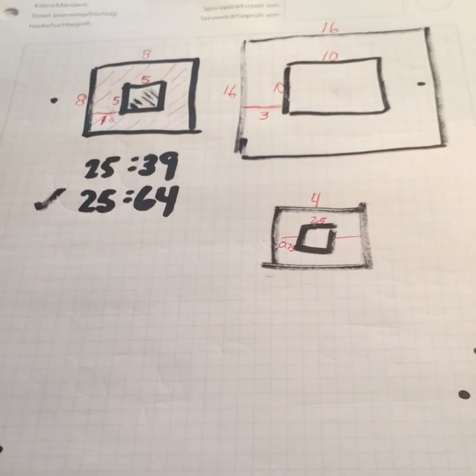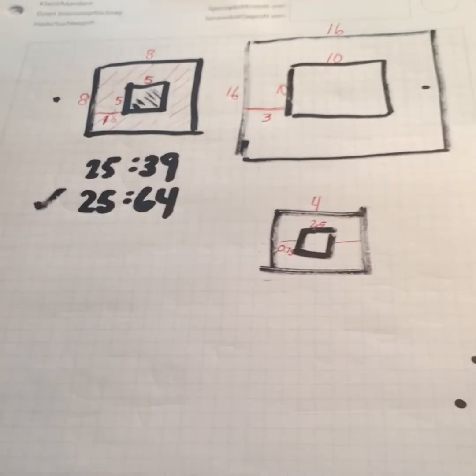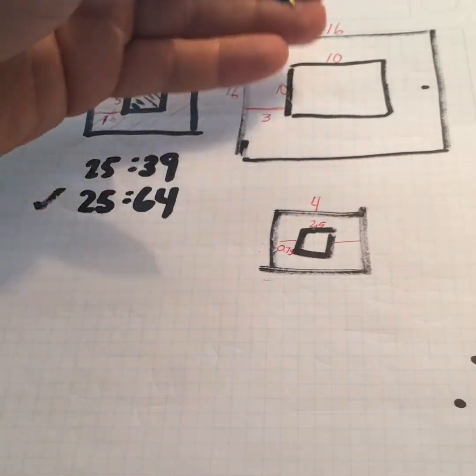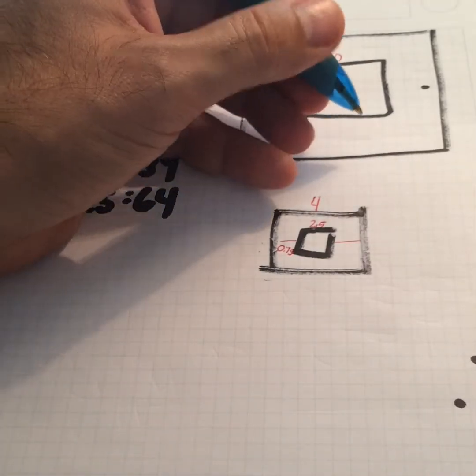Finally, for those of you who want to see the algebra, and first of all, the official guide does have a reasonable algebraic explanation, so I encourage you to go to the book and read that as well. But let me just quickly show you my version here. So if we were to use algebra, we could denote, we'll just pick any of the squares. I'll pick the larger one since it's the easiest to see.